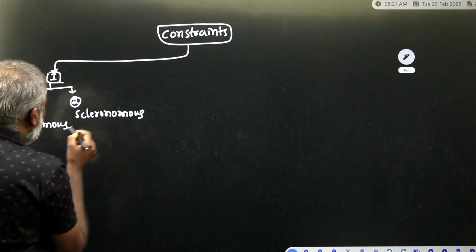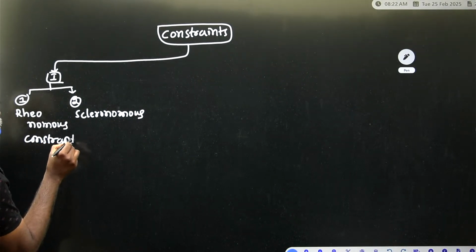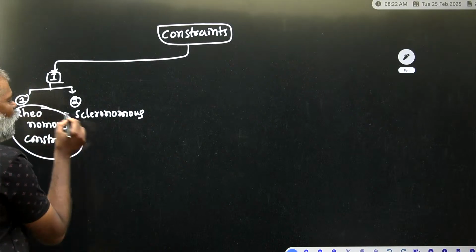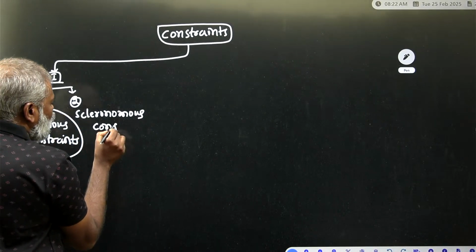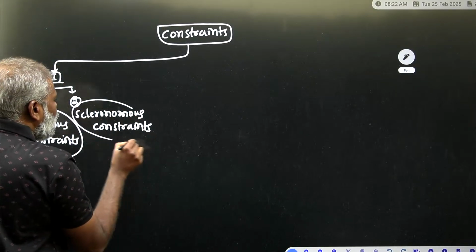Rheonomous constraint or scleronomous constraint: this is the first variety of the constraint.